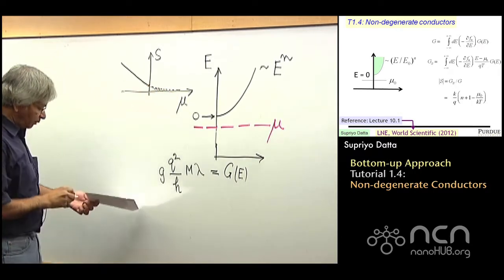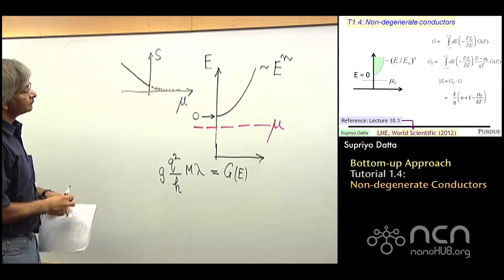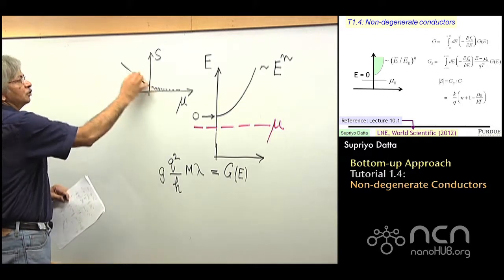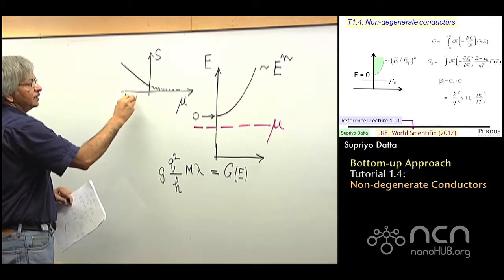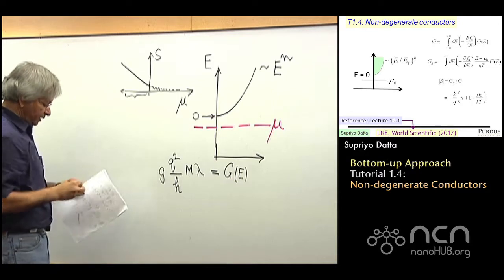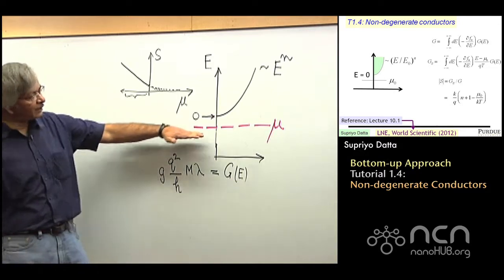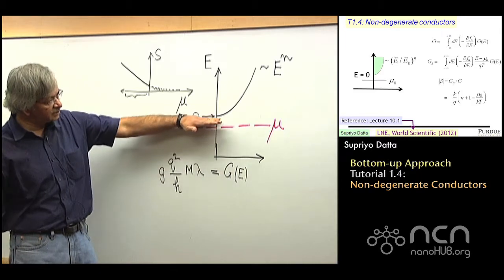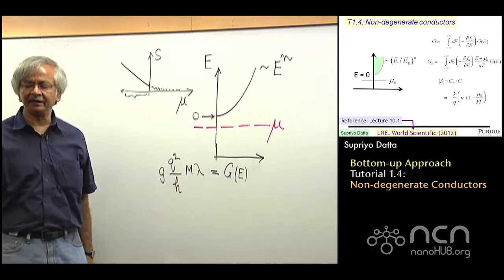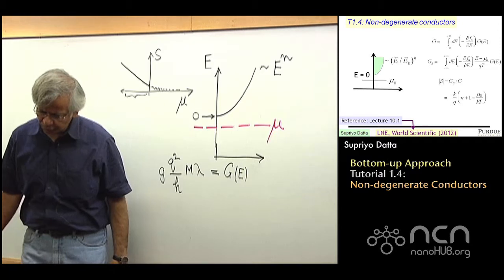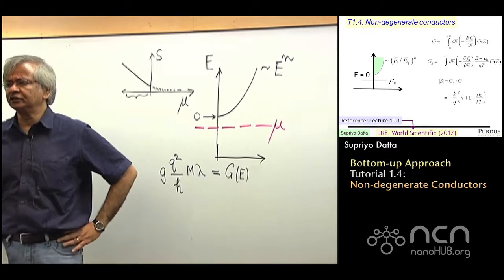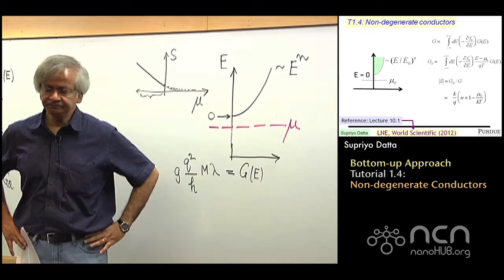And what we want to talk about is what the slope of this is, why it varies linearly, trying to understand this part. Technically, one point I should make is that when the chemical potential is significantly below the bottom of the band, I think I mentioned in one of the earlier weeks, that's when we usually call it a non-degenerate conductor.